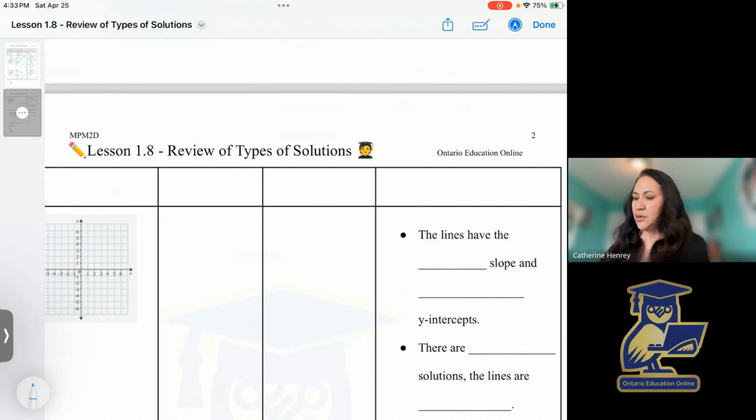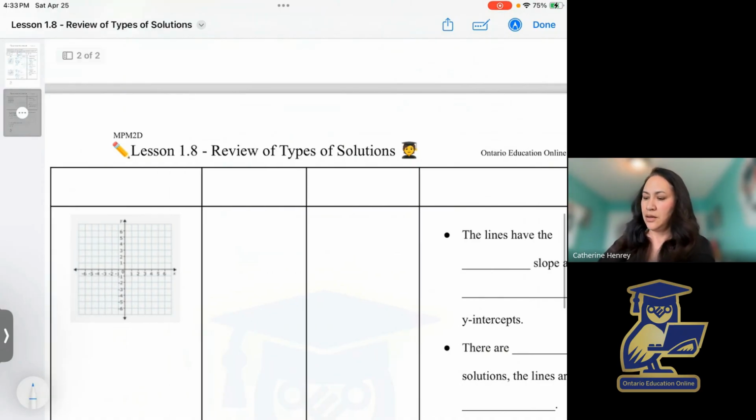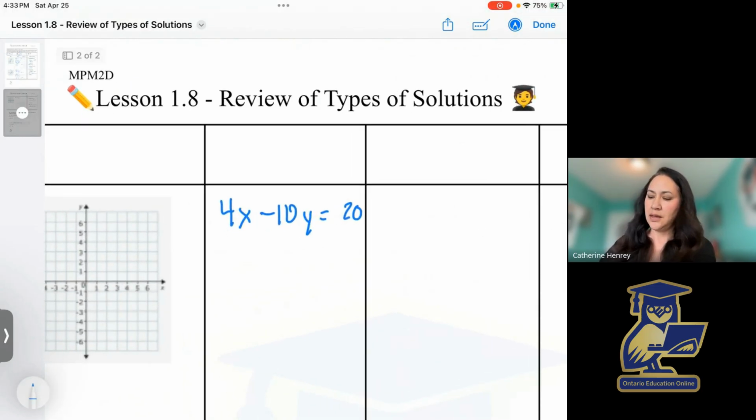And the equations that we were using here was 4x minus 10y equals 20. Zoom in a little bit. Negative 10y equals negative 4x plus 20. And I'm going to divide through by negative 10.